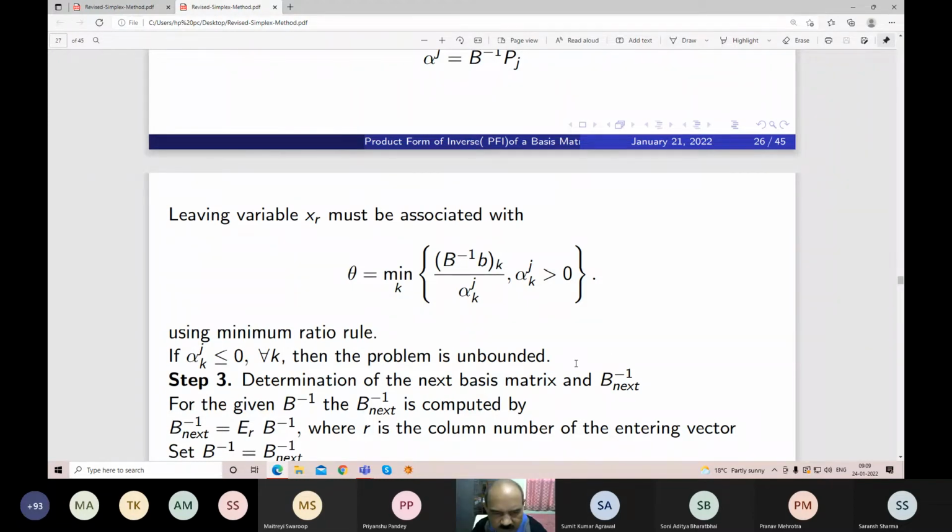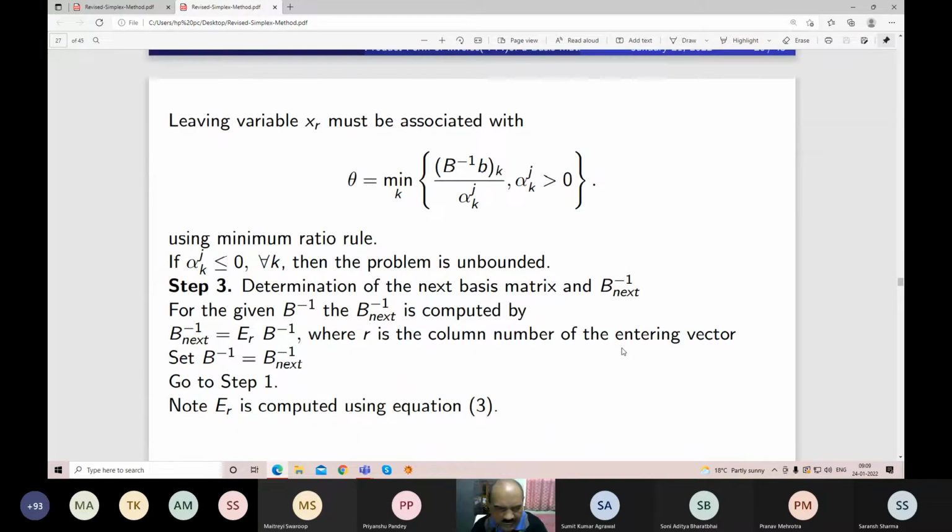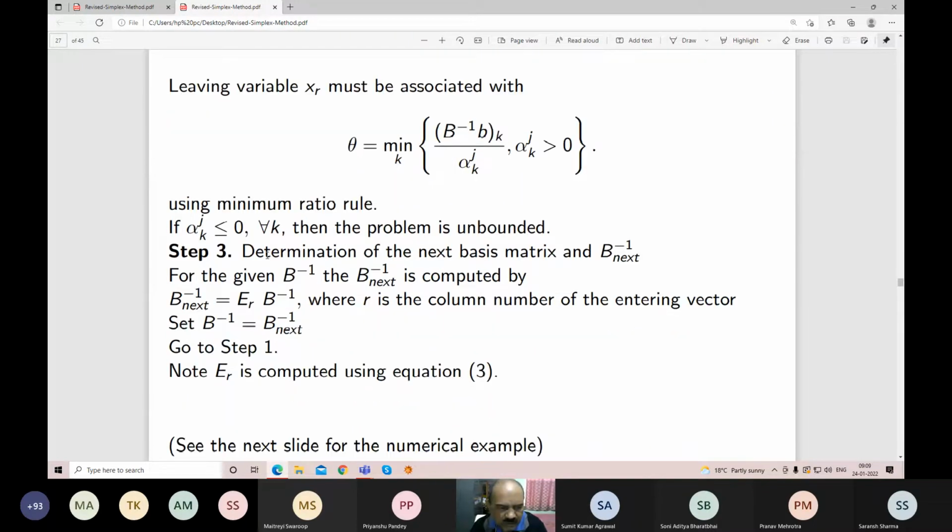Okay. So next, step 3, that is the determination of the next basis and its inverse. For a given B inverse, the B next inverse is computed by the product form of inverse.